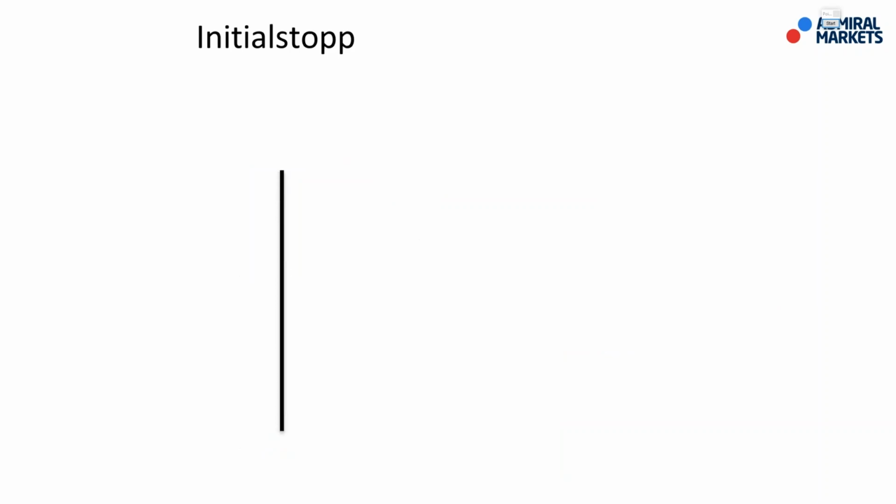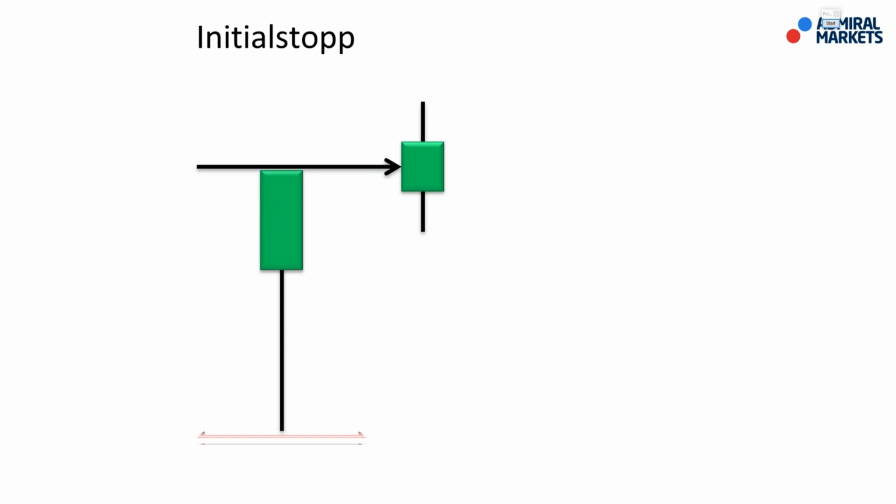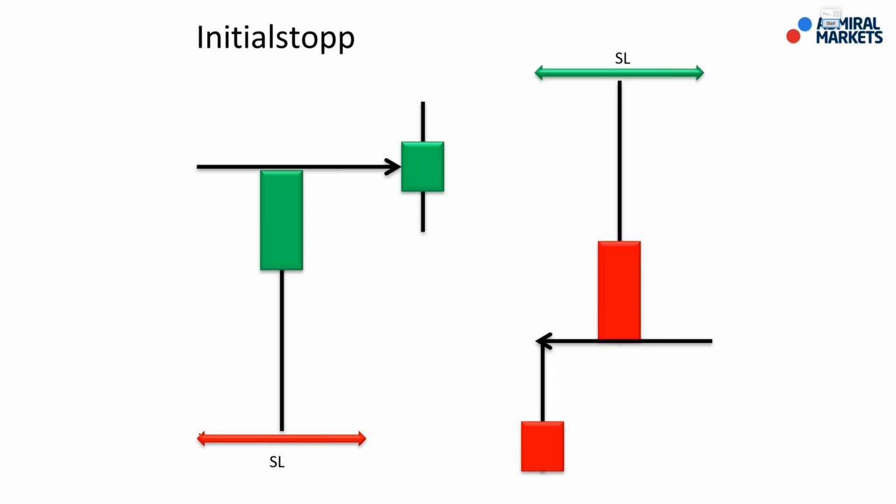Let's talk about where you have to use your stop. So the stop in this setup: the initial stop is always placed below, or in a short above, the reversal bar itself. This is your reversal bar.